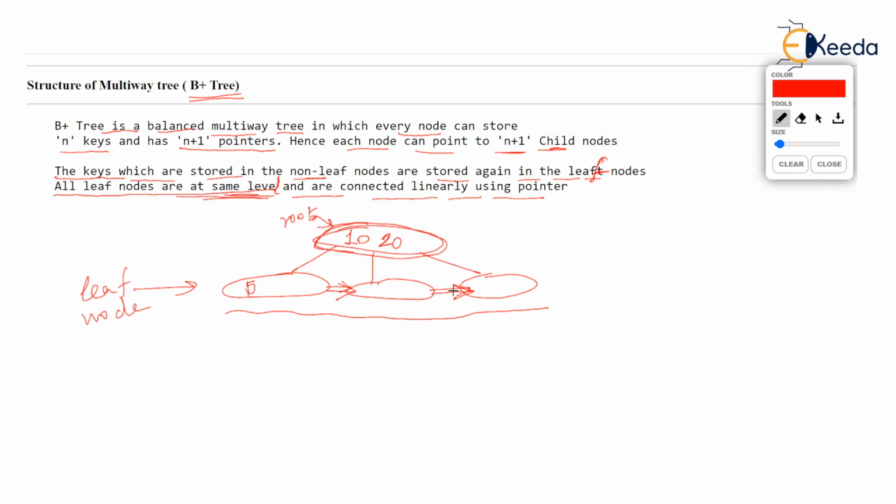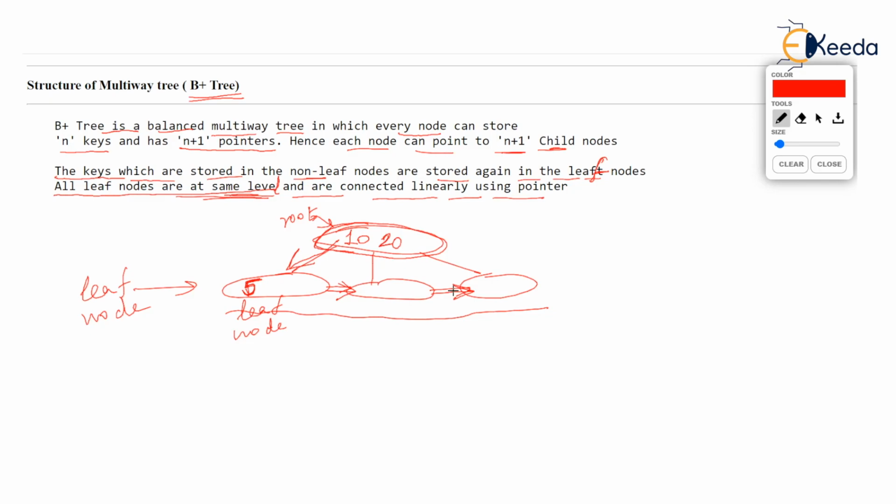Value over here will be less than 10, isn't it? Because it is to the left of 10. Suppose we have a value like 5. Now this value 5 is in the leaf node. Then a value stored in the leaf node will be only in the leaf node. But a value at the non-leaf node like 10, 20 will be stored again in one of the leaf nodes. This is the second and basic difference between B tree and B plus tree. What did you see in B tree?